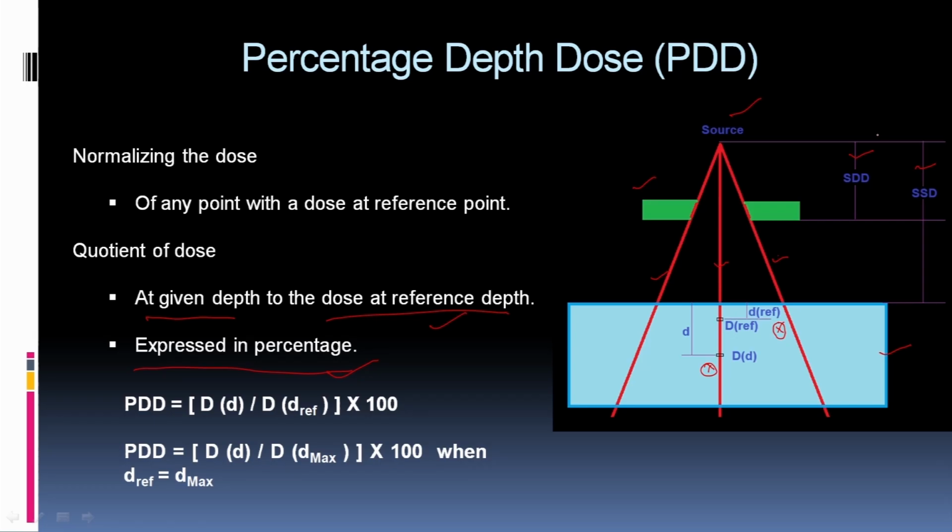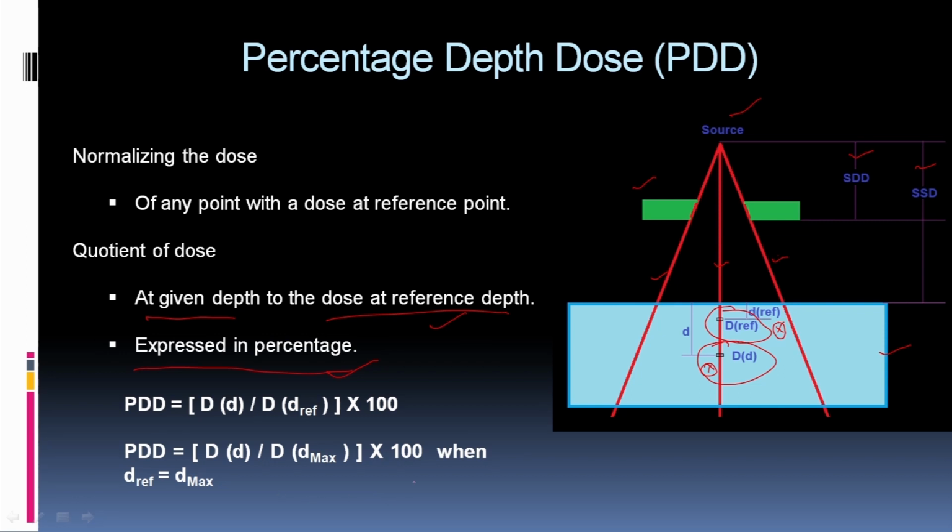Now the PDD is the dose at depth D divided by the dose at the reference depth, multiplied by 100. So this is expressed as a percentage. If the reference depth is replaced by D maximum, then we call this the percentage depth dose at D maximum.